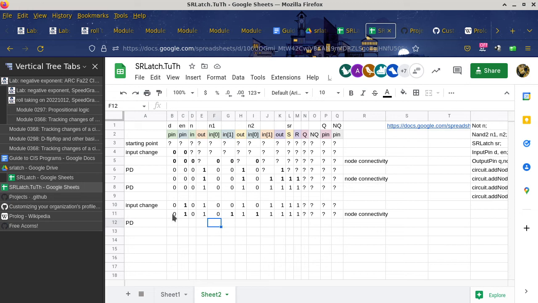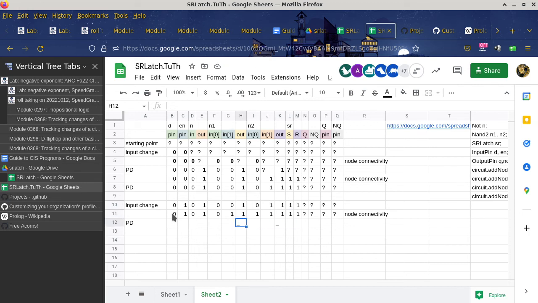We look at N1, one of its inputs got changed, which is this one here. We want to double check to see if the output is going to be changed. We look at N2, once again, one of its inputs got changed, so we should figure out its output. We look at the SR latch, nothing, because the 1 and 1 are maintained, so we don't have to worry about that.